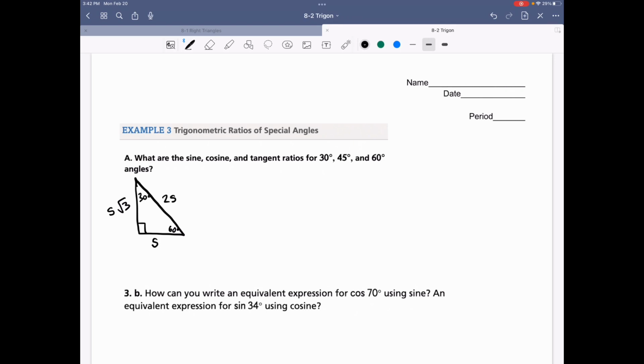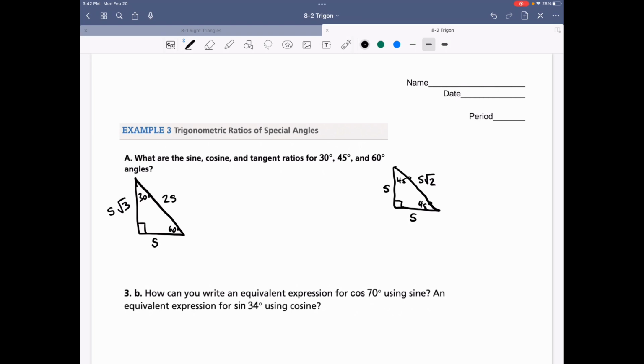And then we have a 45, 45, 90 triangle. And in that, we have our two sides, side, side, side square root 2.